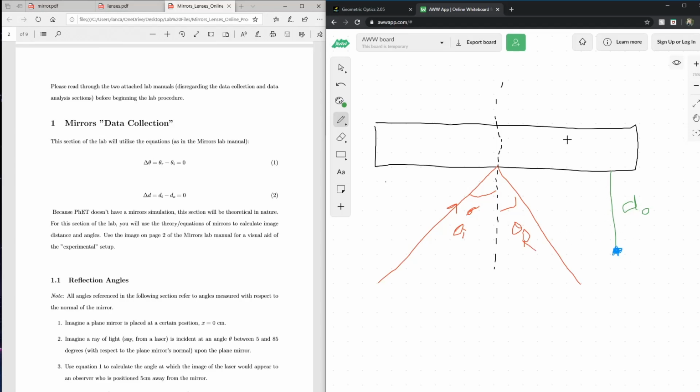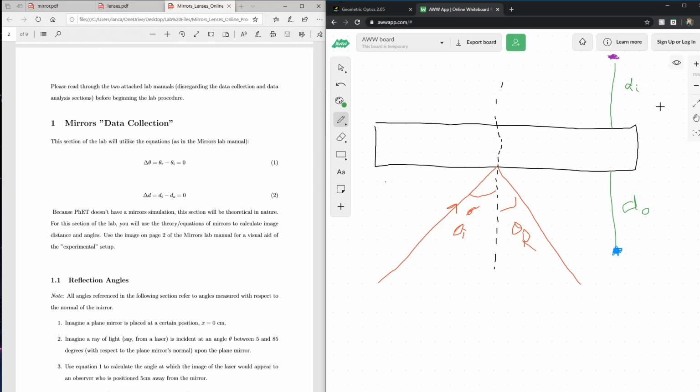Now what's going to happen is there's actually going to be an image behind the mirror, which is a little weird. I'm going to mark this in purple because it's a bit different. So there's going to be an image behind the mirror, and the law of reflection states that that image distance is going to be exactly the same as the object distance.